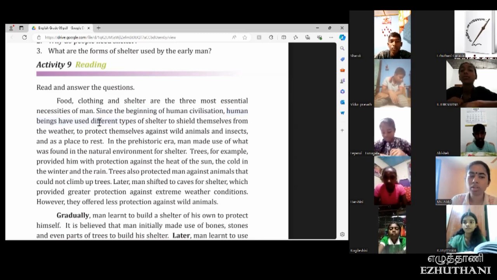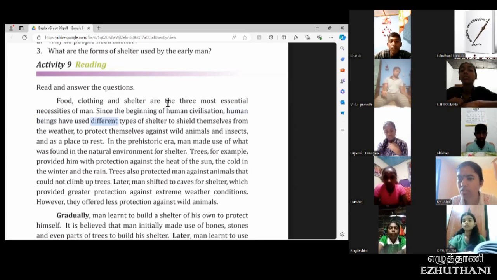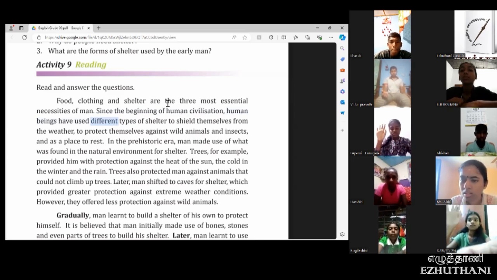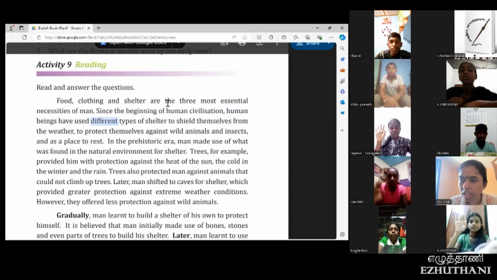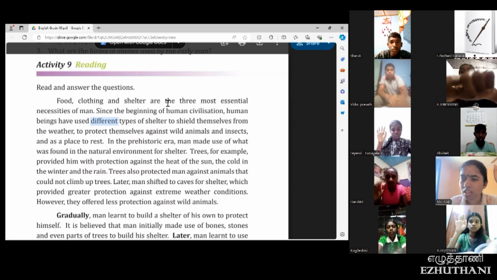Does anyone know what the word different means? Can you raise your hand if you know what different means? Okay, Lainavi, Harshini. Who here, if you know what it means, just raise your hand. Okay, Sujitra knows what it means.